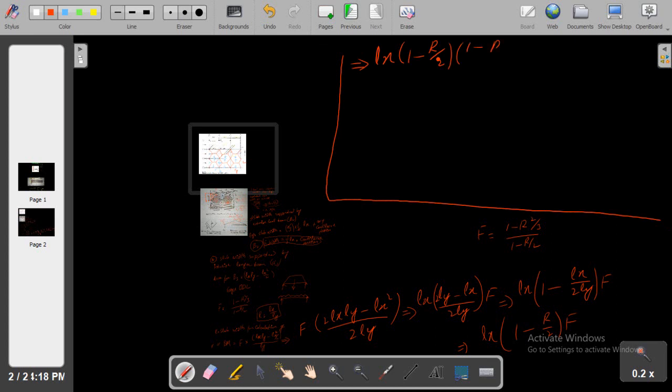I just plug in the value of f, that is, 1 minus r square divided by 3 and 1 minus r divided by 2.